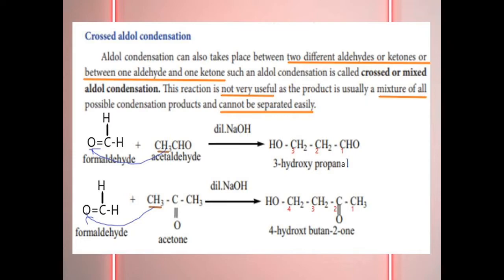We get the product 4-hydroxybutan-2-one. 4 carbons means but, single bond means ane, and second carbon one, so butanone, and the fourth carbon possesses hydroxy, so 4-hydroxybutan-2-one.